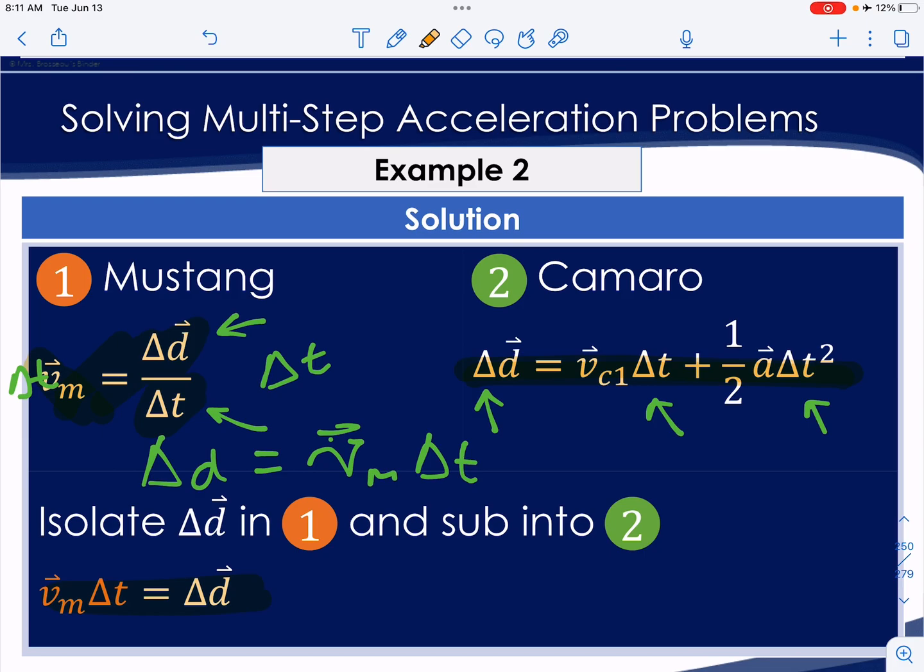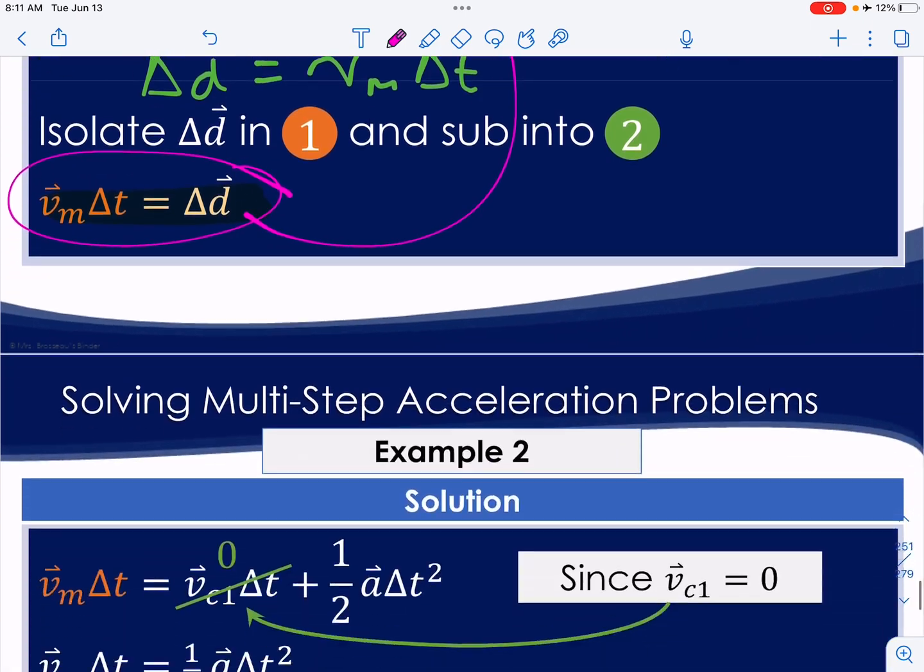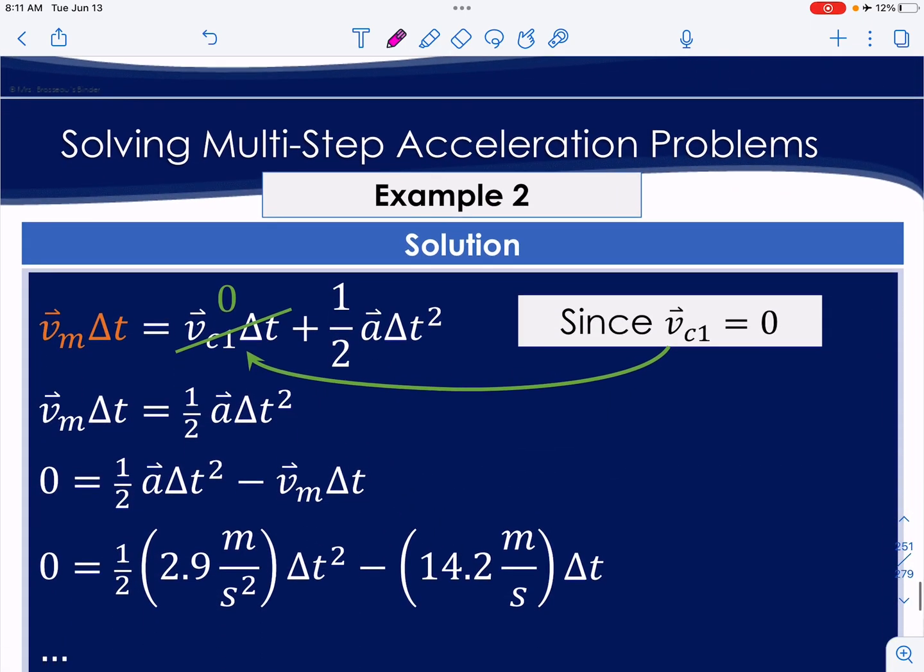Okay. Then once you have that, you can take this equation right down here and put it into here. So we have Vm delta T, which is equal to all of this. And we know that the initial velocity of the Camaro is 0, so we can get rid of that. And that simplifies the problem quite a bit. So Vm delta T equals 1/2 A delta T squared.